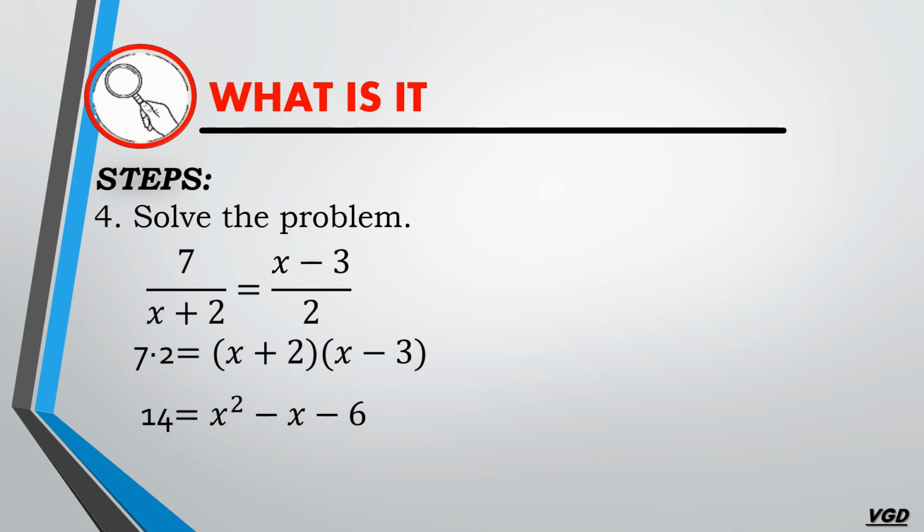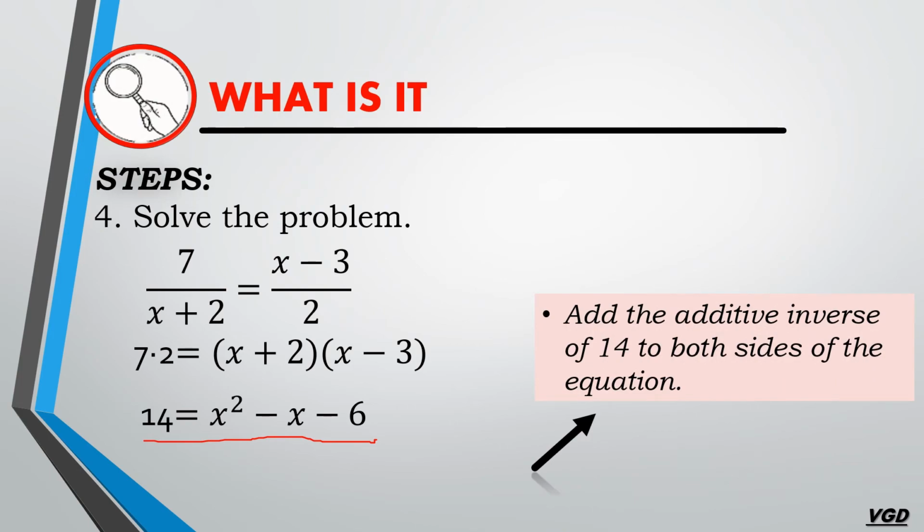We need to know the value of the number, or the value of x, based on the problem. So we need to equate this expression to 0. How are we going to do that? We just have to add the additive inverse of 14 to both sides, to the left side and to the right side of this equation.